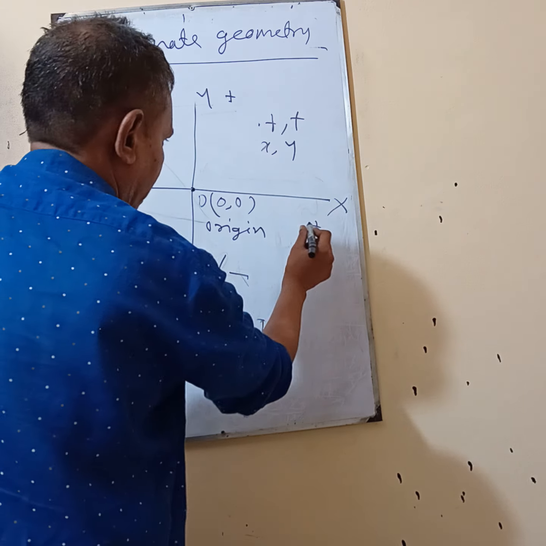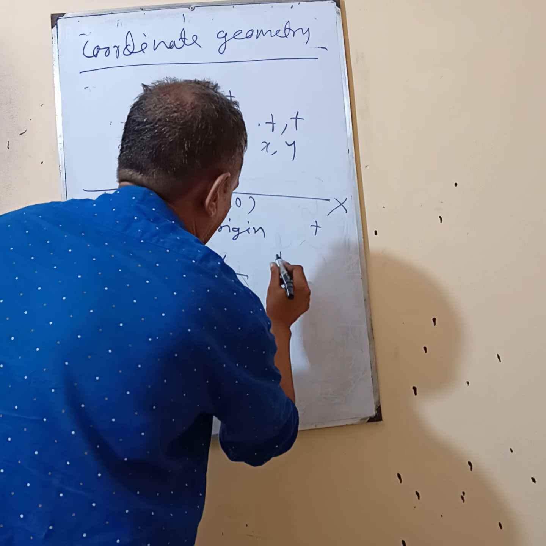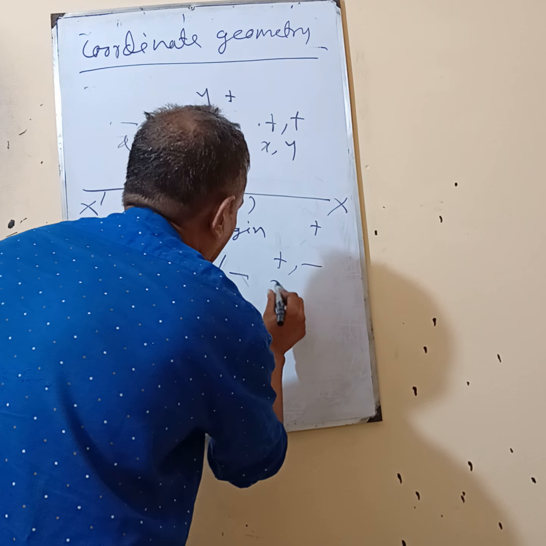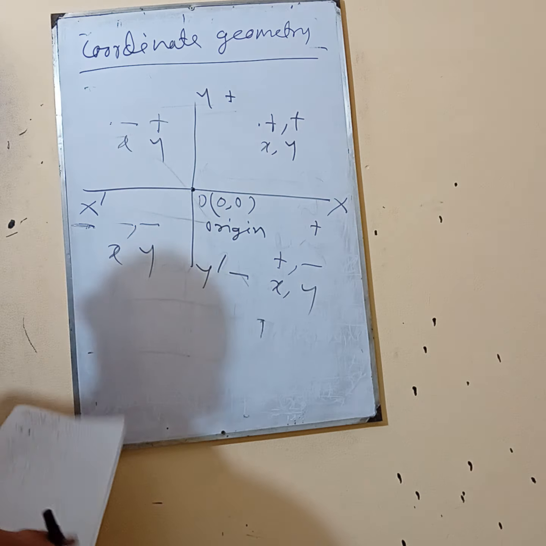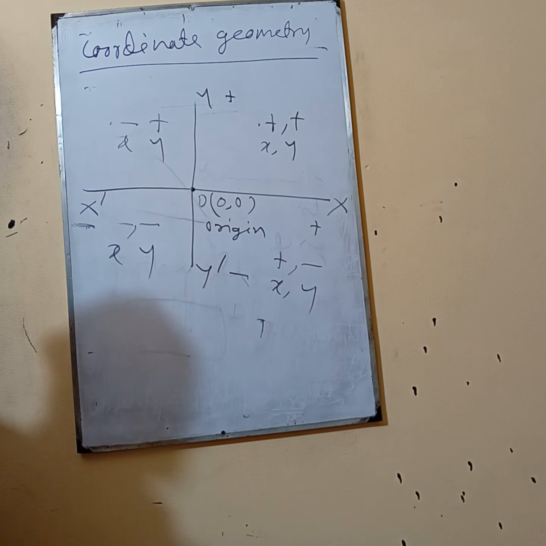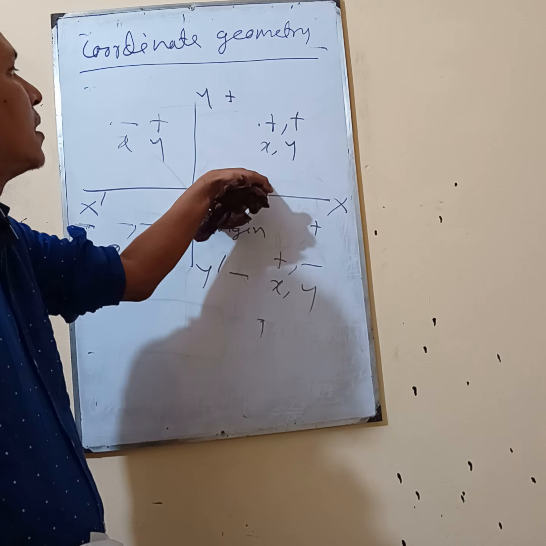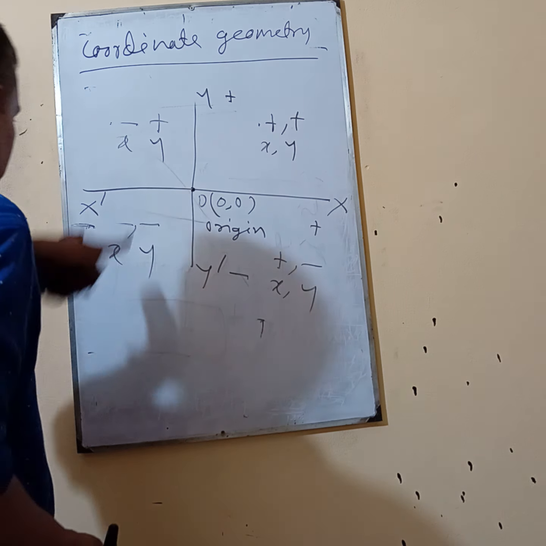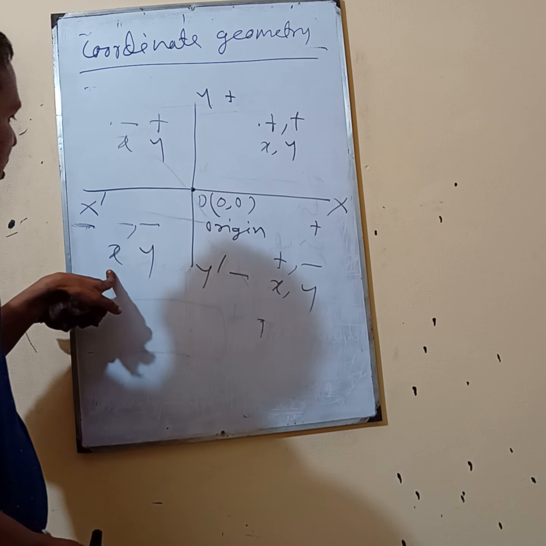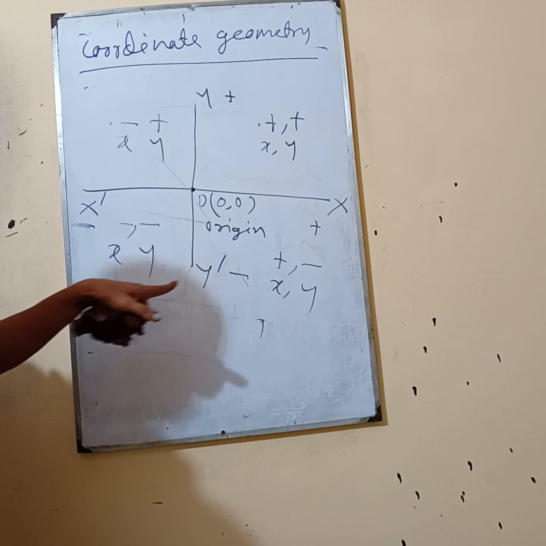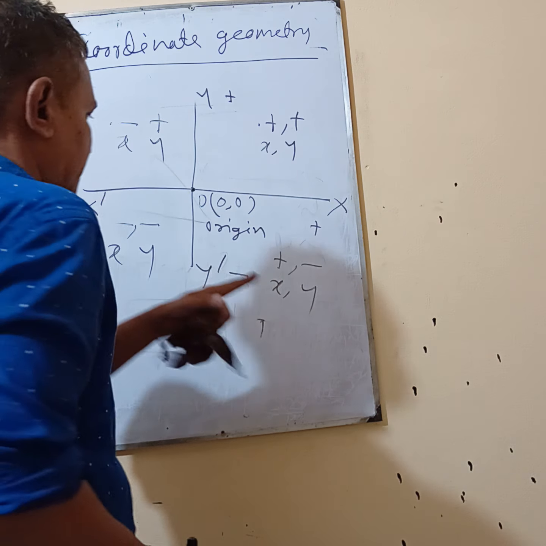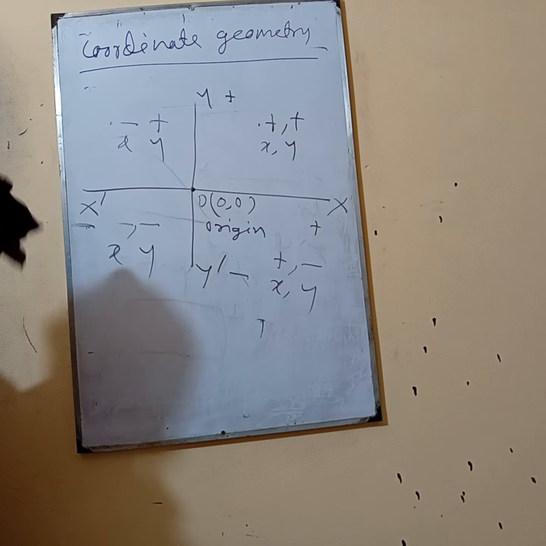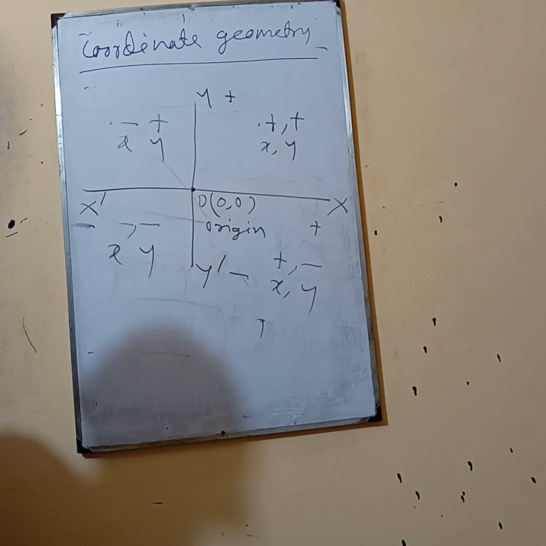And this portion, X plus, Y minus. So we have to remember: this portion X, Y plus; this portion X minus, Y plus; this portion X, Y both minus; and this portion X plus, Y minus. Okay, just think and write.